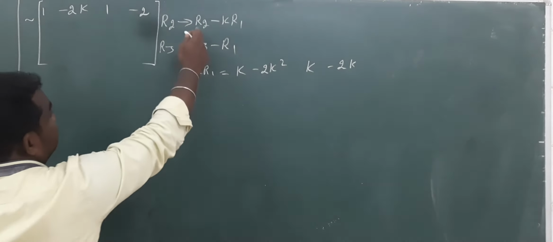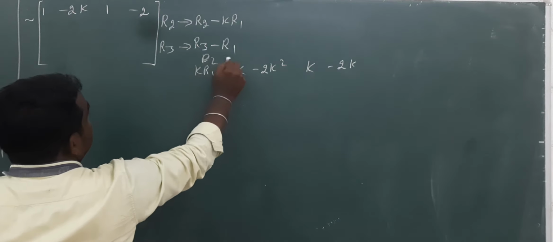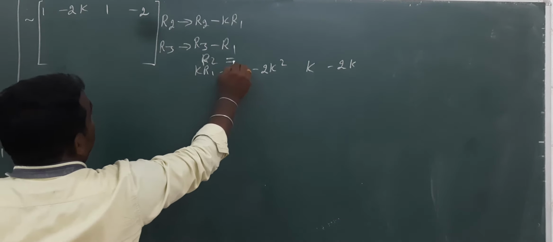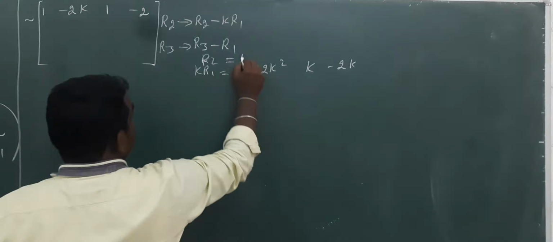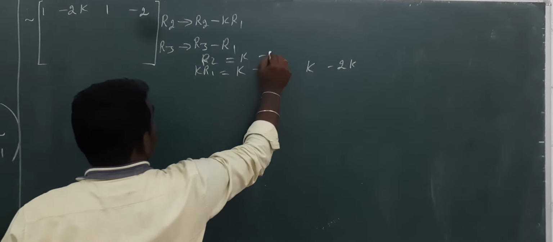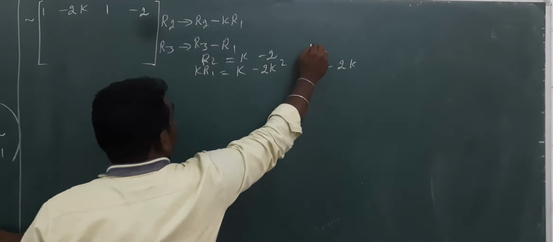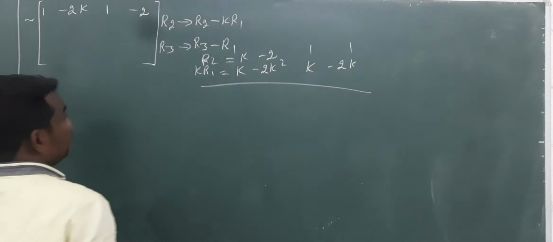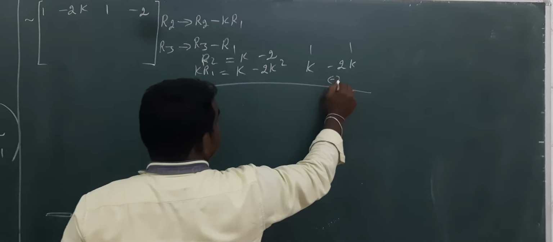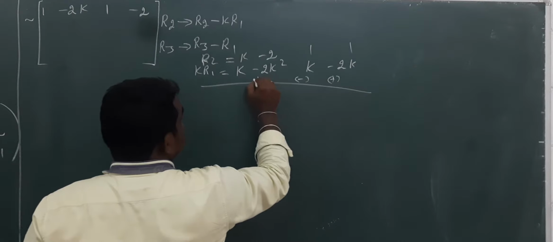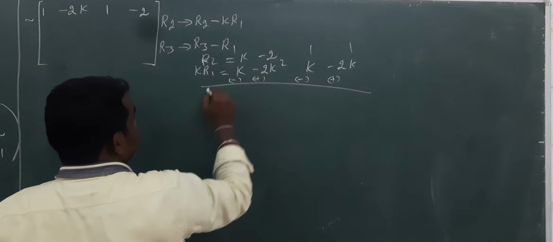Next, we subtract R2. So you write R2, the top number. R2 is k, minus 2, then 1 and 1. Now we subtract. Change the sign.